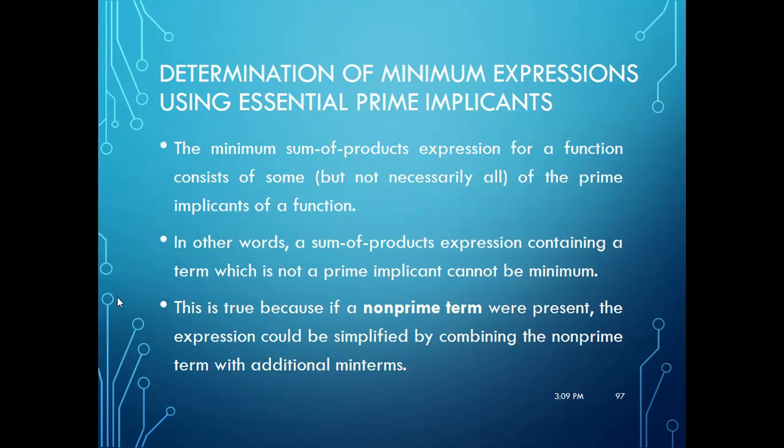So if a non-prime term is included in the expression, it can be further simplified, because that non-prime term can be combined with other adjacent ones. That is one more rule you have to follow here.